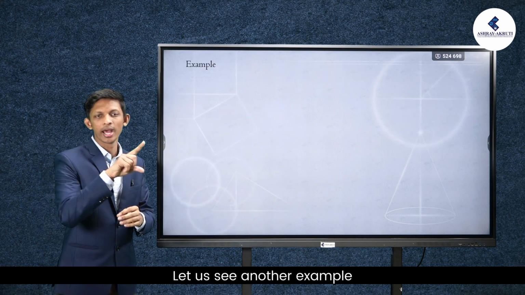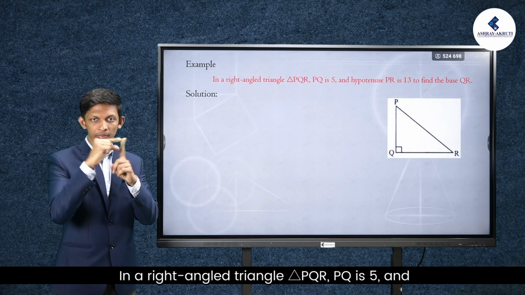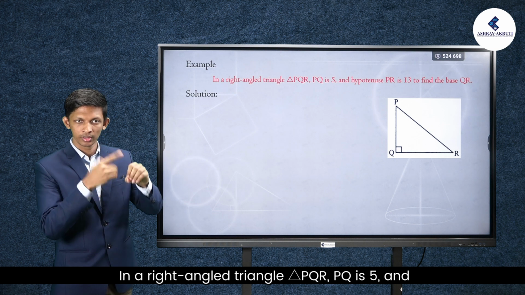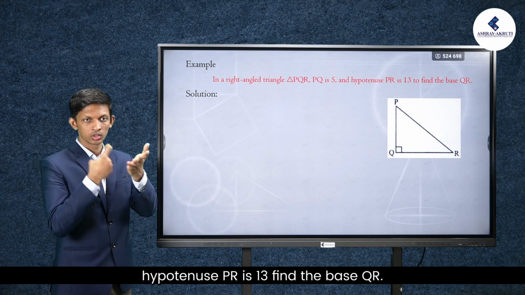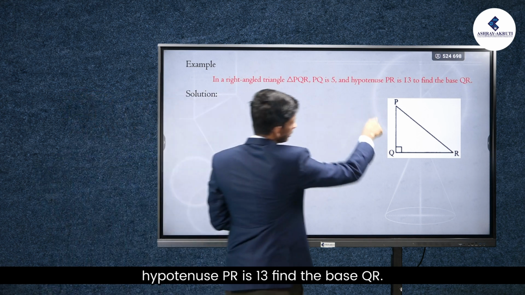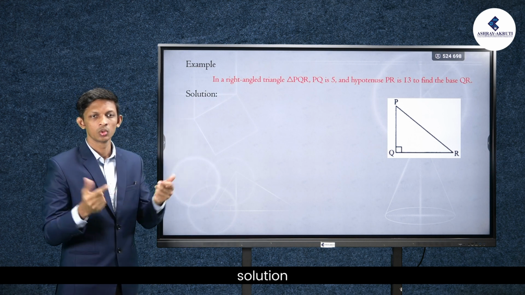Let us see another example. In a right angle triangle PQR, PQ is 5 and hypotenuse PR is 13. Find the base QR. Solution.